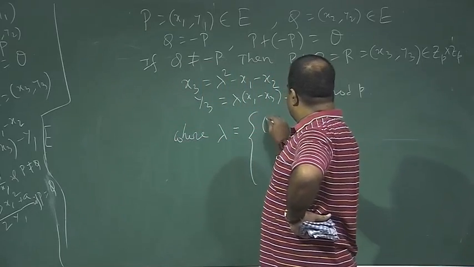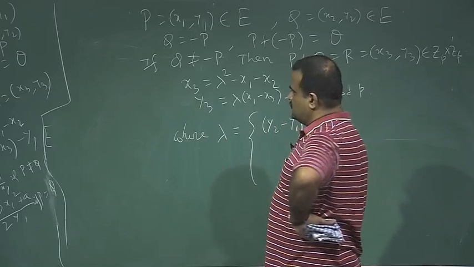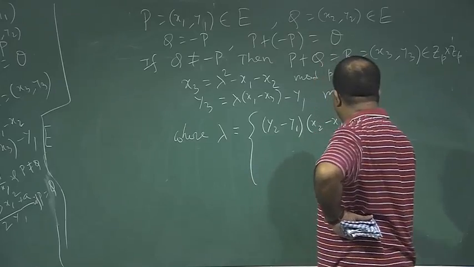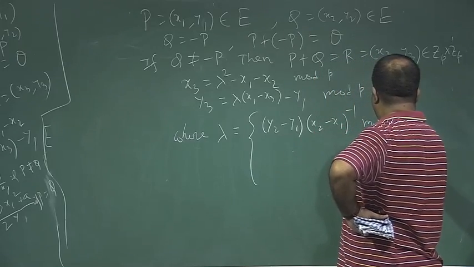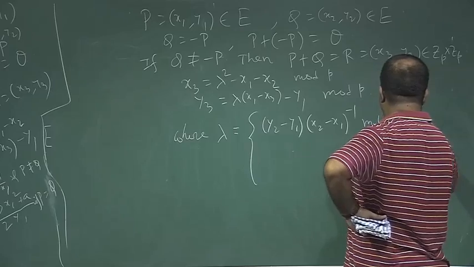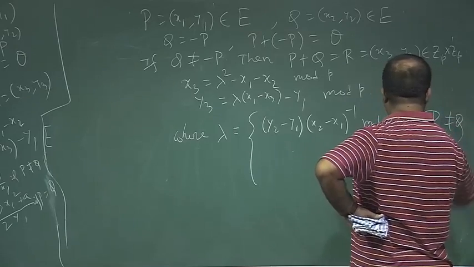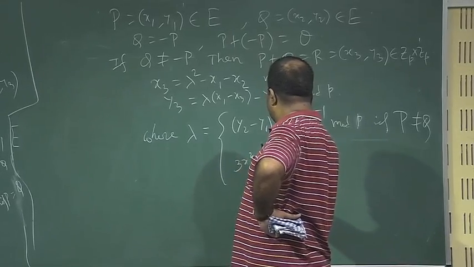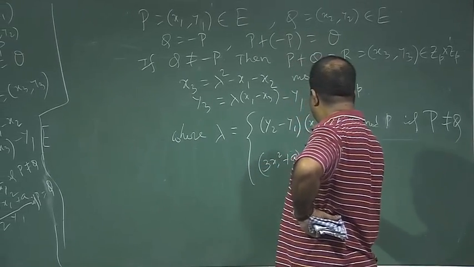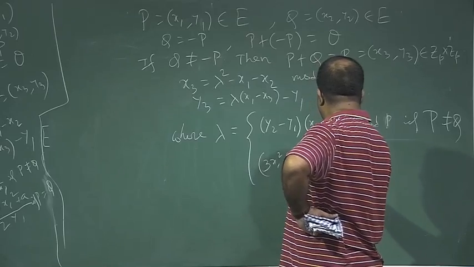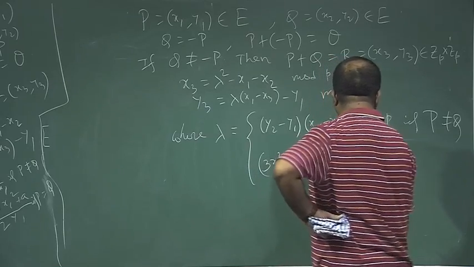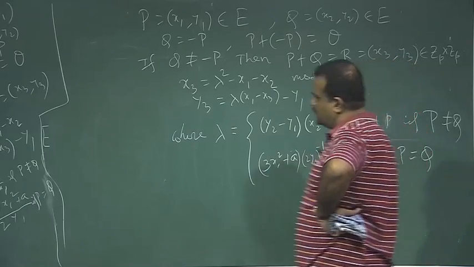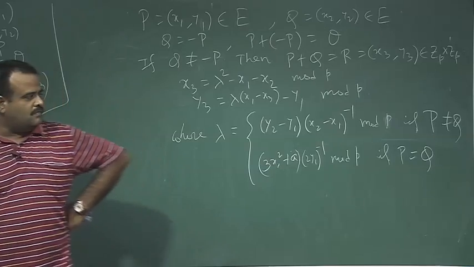So, lambda will be equal to (y2 minus y1) times (x2 minus x1) inverse mod p if P is not equal to Q, and it is (3x1² + a) times (2y1) inverse mod p if P is equal to Q. So, this is the formula.